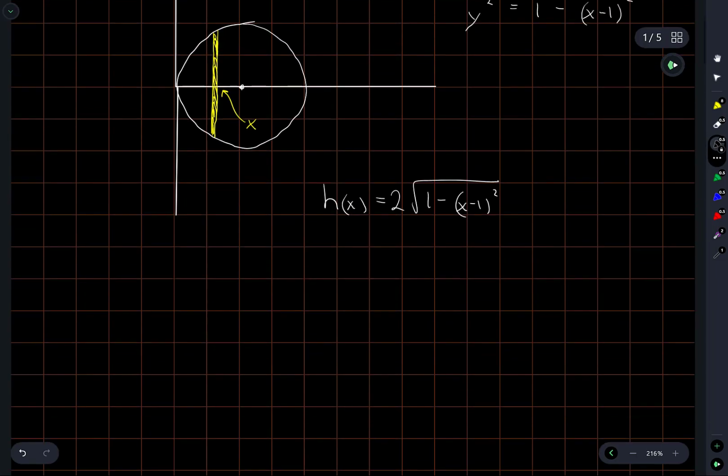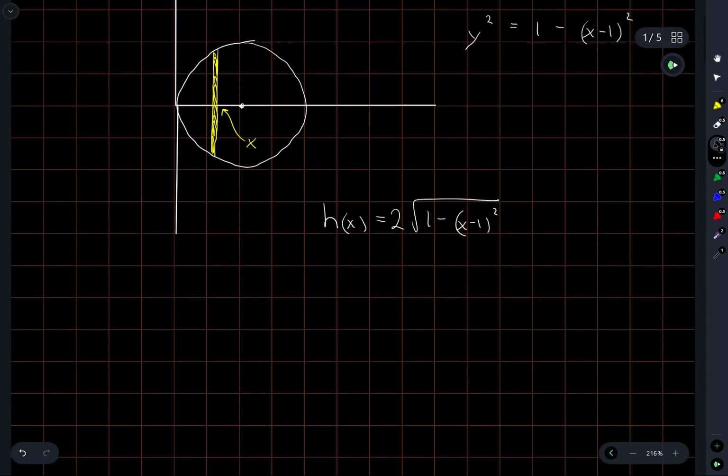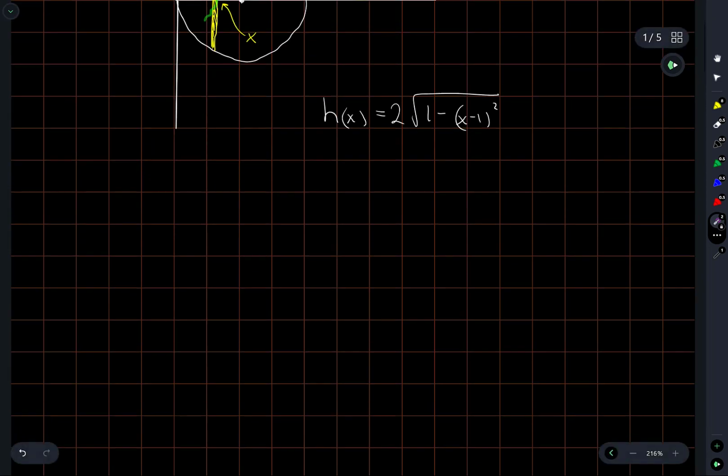This strip is going to be rotated in a circle of radius x. So if we're rotating this yellow strip around the y-axis, this is the radius of the circle that it's being rotated about. It's being rotated around like that, where it's kind of coming out of the screen.